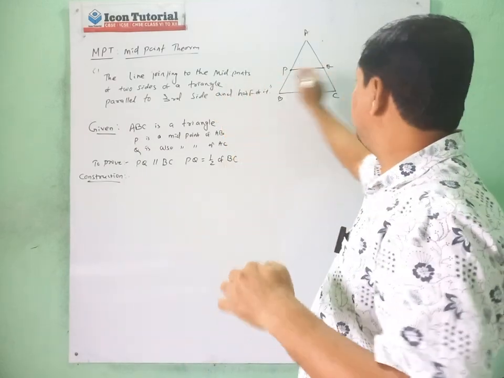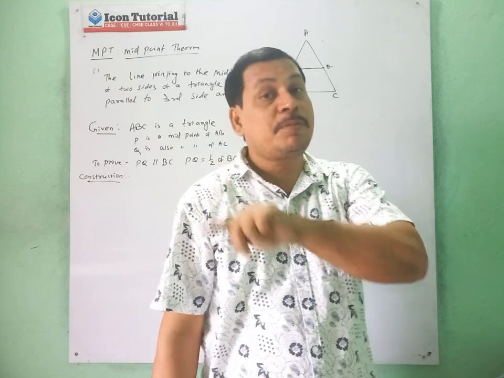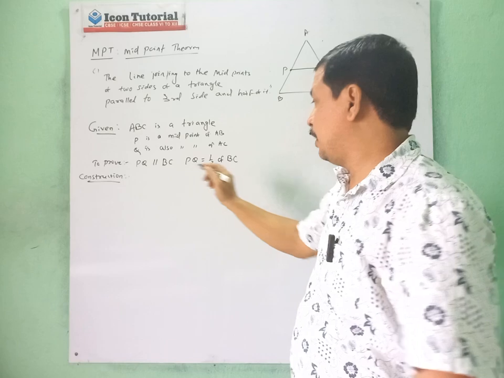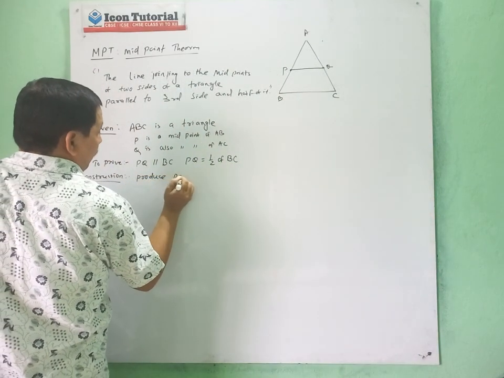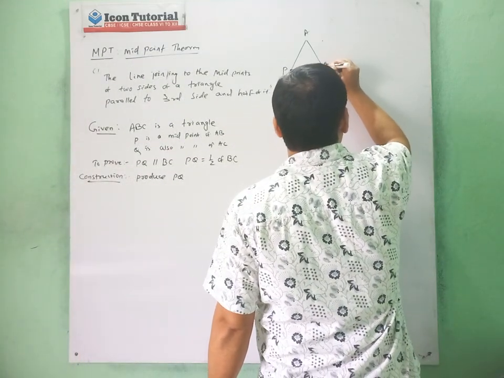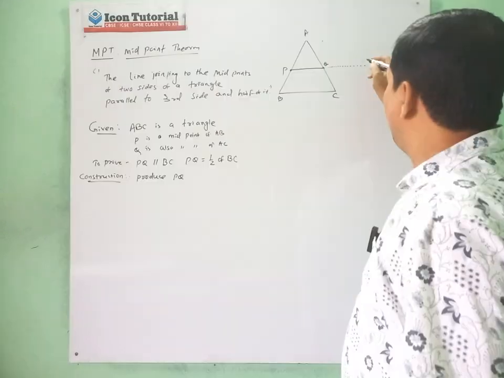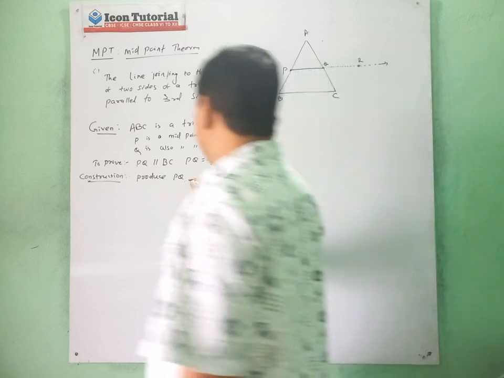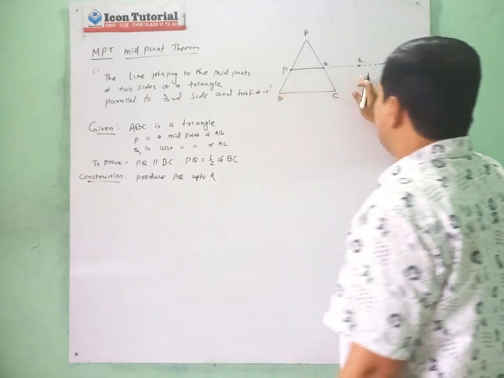Produce PQ means you go from P to Q, but produce QP means from Q to P. So I am writing the construction: produce PQ to R in such a way that QR is equal to PQ. Produce PQ up to R.